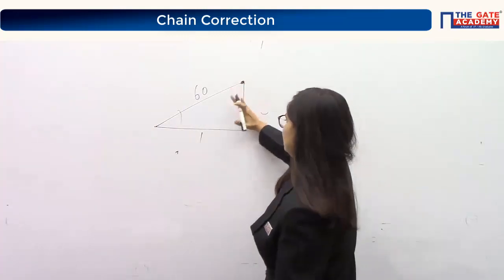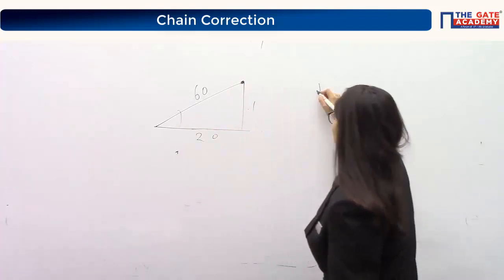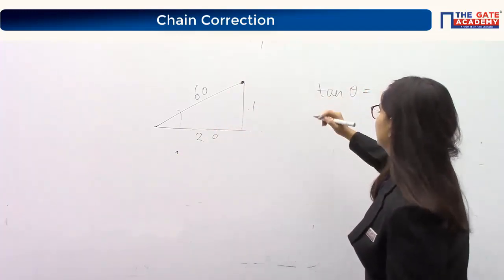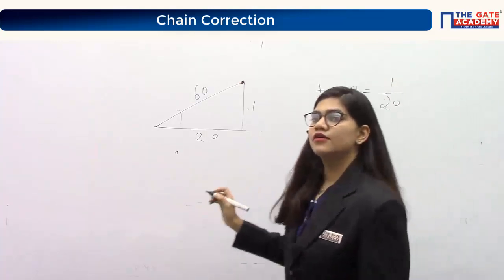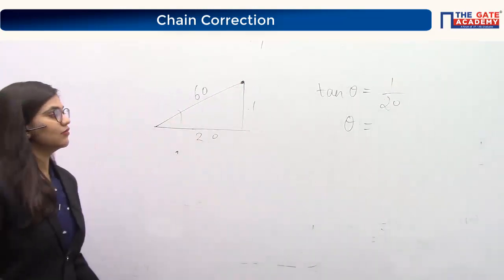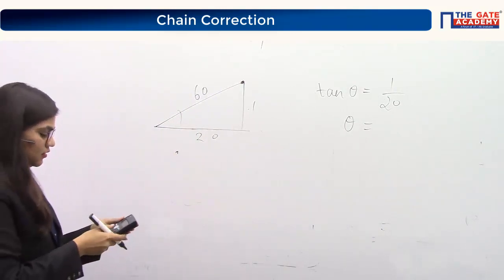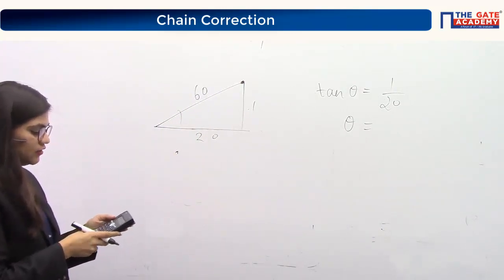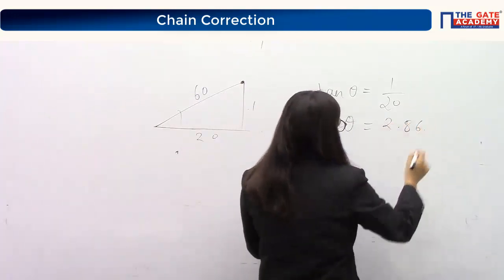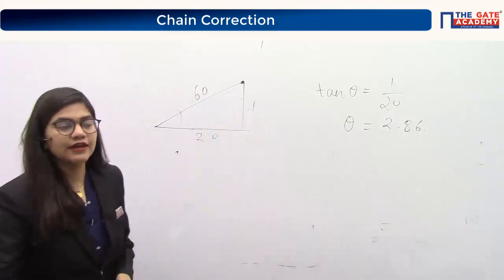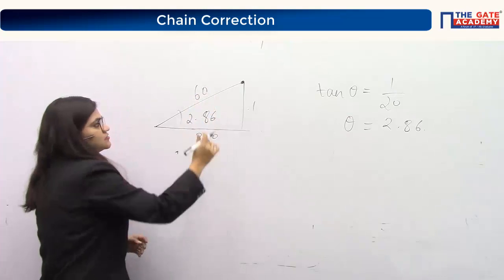So this is 1:20. So you know tan theta is nothing but 1/20. So what will be the value of theta? You can calculate. It will be tan inverse 1/20, which will be some 2.86 degrees. Okay, if you know the value of theta, this is 2.86.